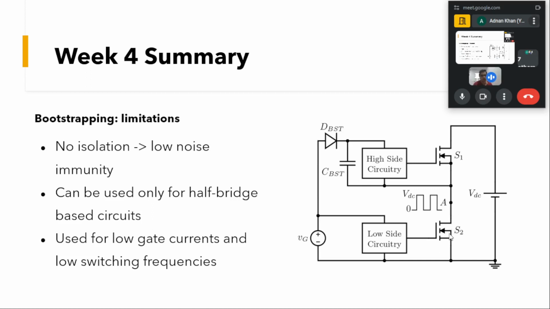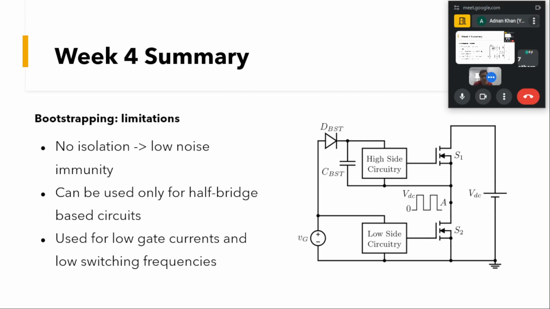If we are operating at very high switching frequencies, then this capacitor may not get fully charged, and our top devices may not get turned on, because the potential across this capacitor hasn't developed beyond the threshold that is needed to turn on these top devices.